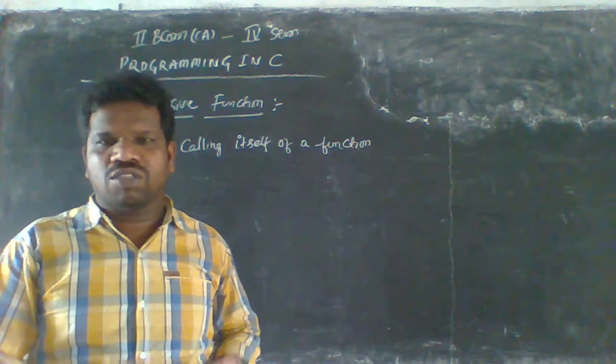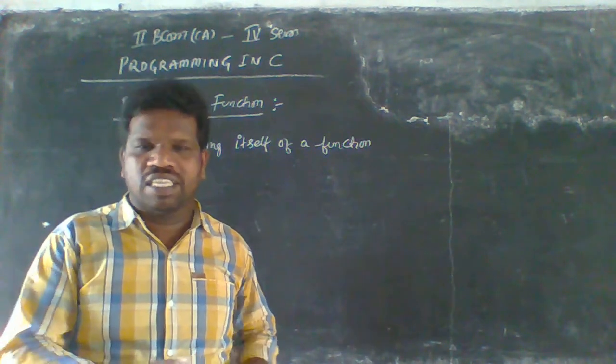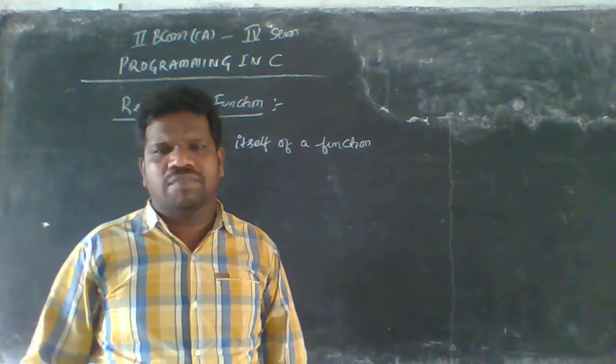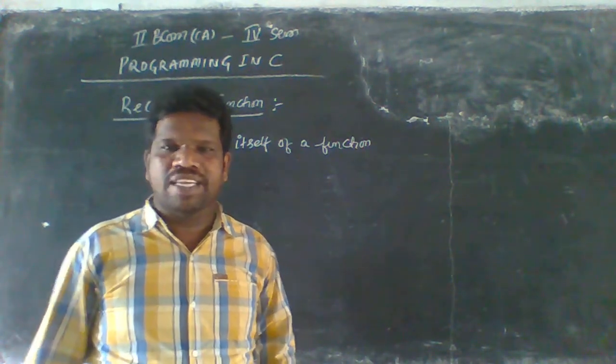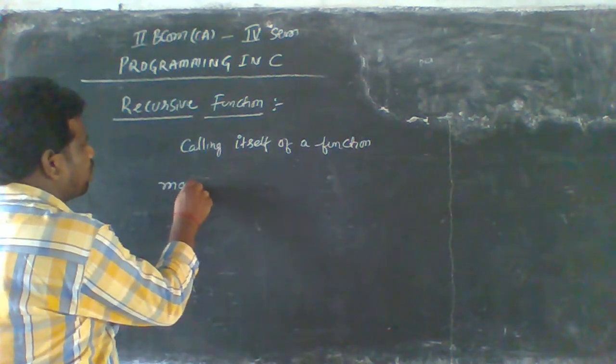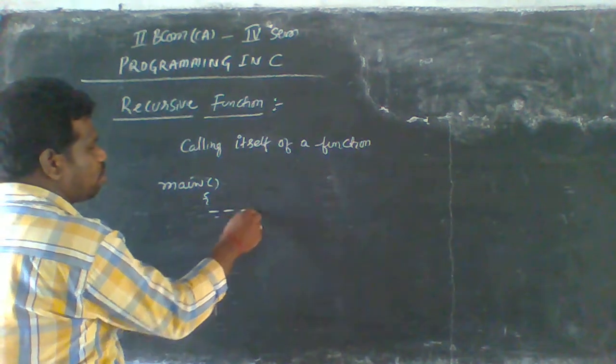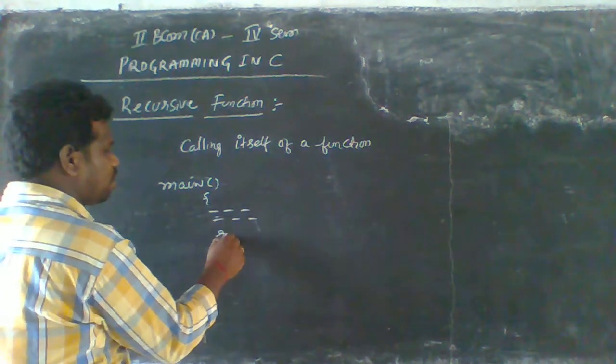In this process, each and every time, frames are created in the RAM, which is called the primary memory here. So here we have to declare the function named main. Open these braces and we have to write the code here, and we have to write the recursion.